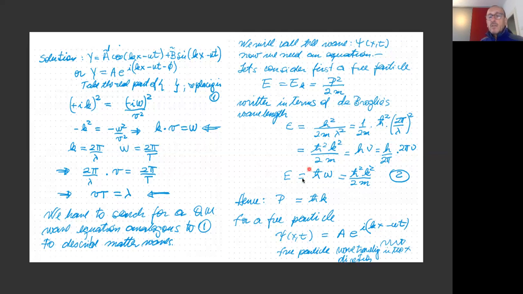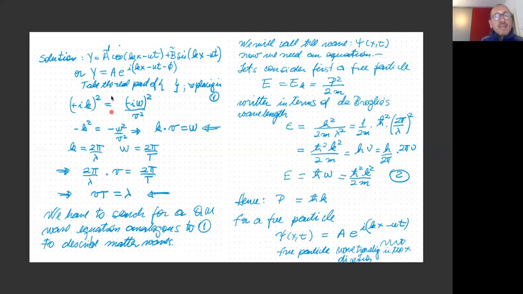And I have a relationship between omega and k. This is very important here, because now we are at the same level that we were here. We had a relationship between k and omega. Here, k and omega are linear, and here they are not. Omega is linear, and k is squared.